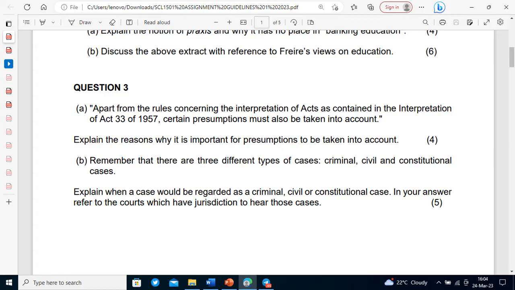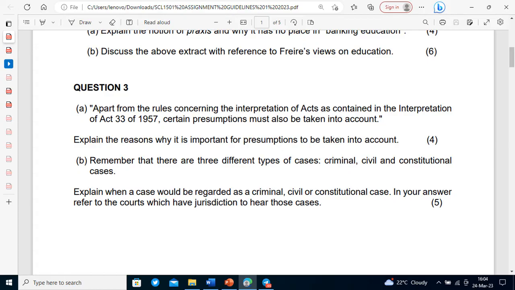Explain the reasons why it is important for presumptions to be taken into account. So for this one, guys, if you go to your study guide, page 46, you're going to find it on point C. The footnote for this one is footnote number 27, on page 47.